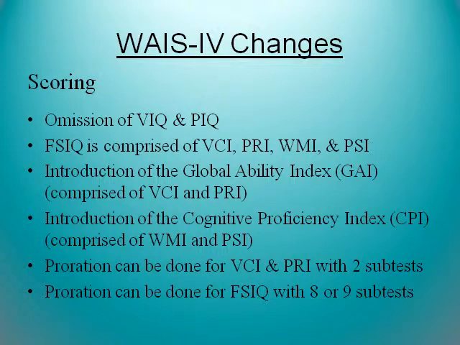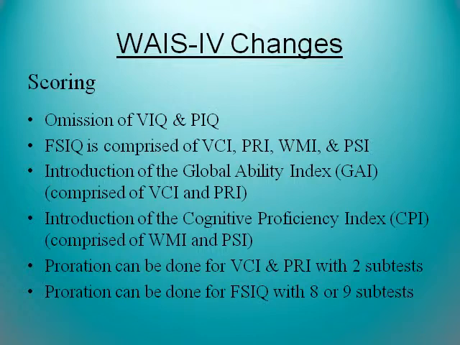So the WAIS-4 also has the Cognitive Proficiency Index, the CPI. And this is comprised of working memory and processing speed, whereas the GAI is comprised of the VCI and PRI.